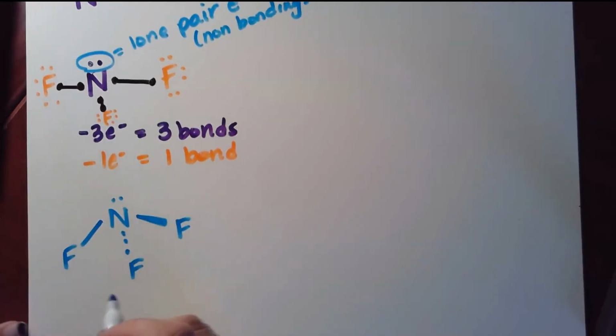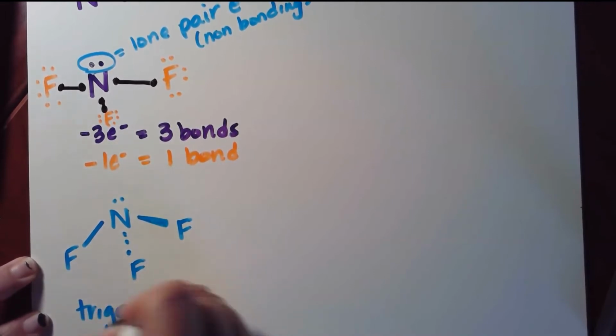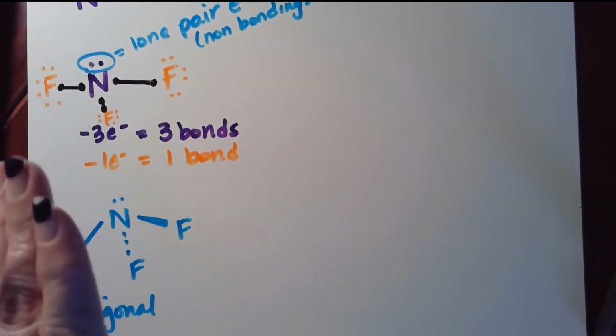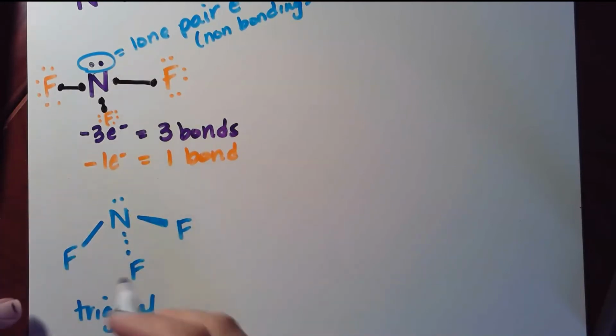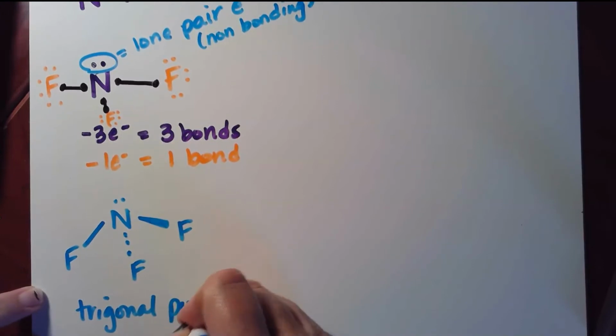And then we would, in the end, call this, because there's three things, trigonal. And then because these electrons are pushing everything down away from everything, it's actually going to be called trigonal pyramidal.